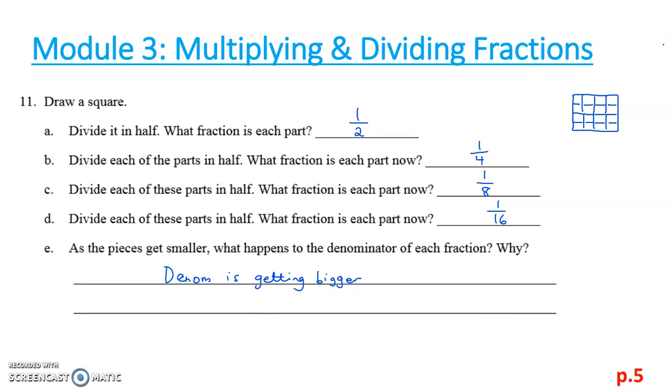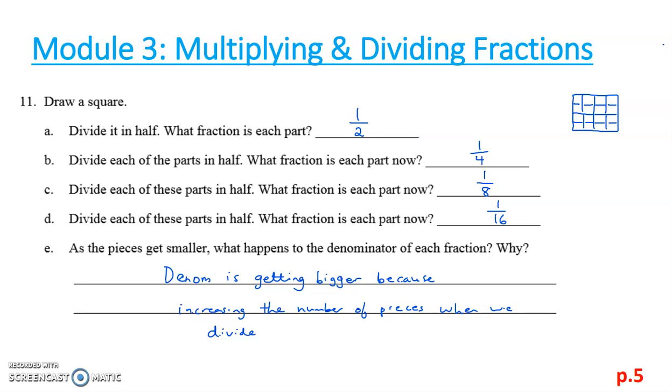It's happening because we are increasing the number of pieces when we divide.